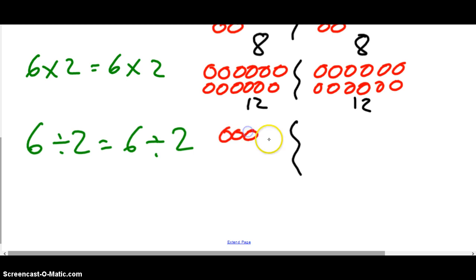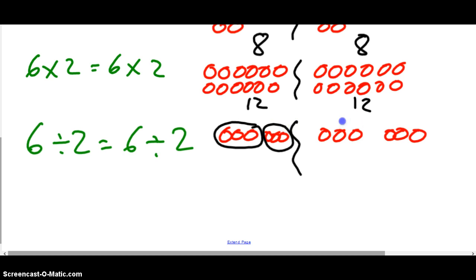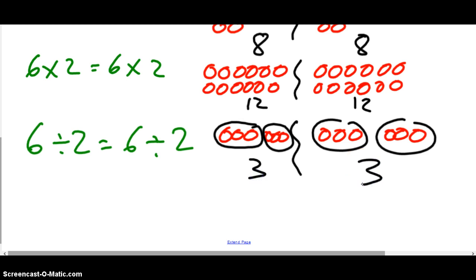We grouped them into 2 threes, which is 6, and then we divide by 2. And what does that leave us? Well, you can notice 3 in each of the groups.